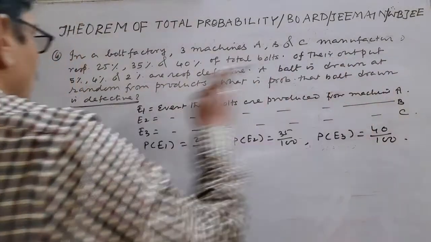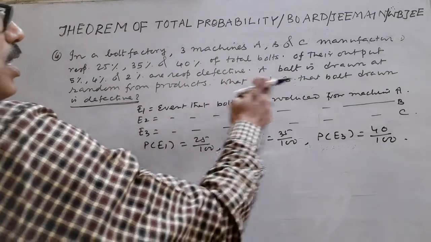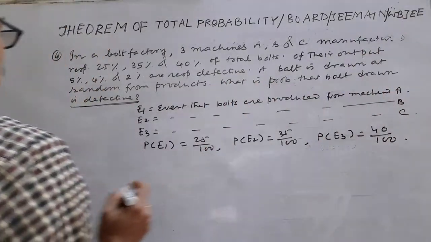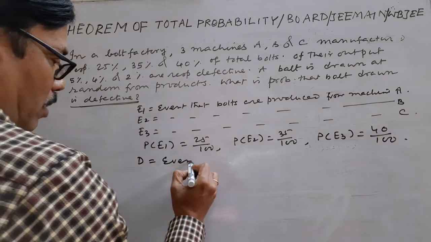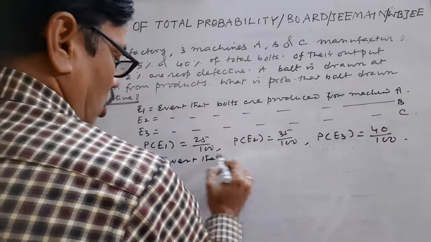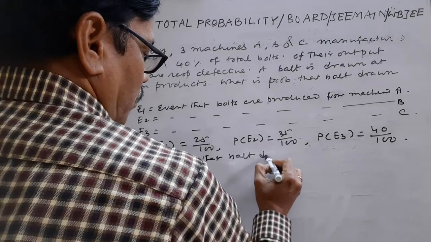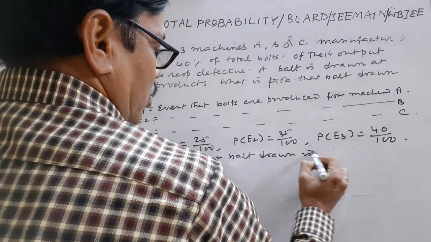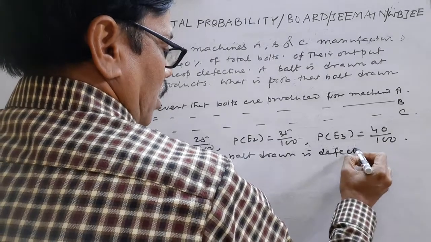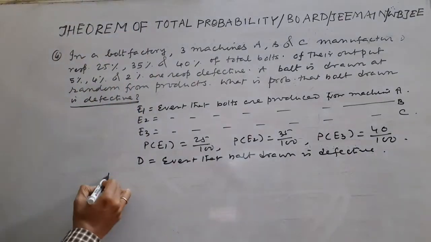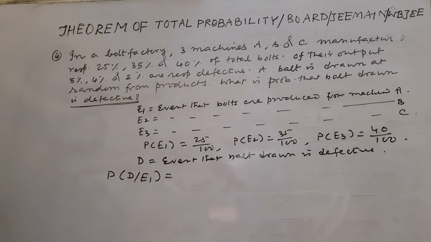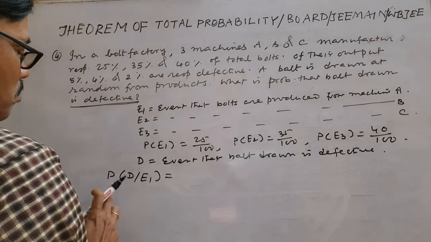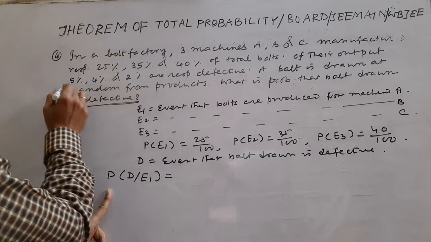A bolt is drawn at random from the products. What is the probability that the bolt drawn is defective? So D equals the event that the bolt drawn is defective. So P D by E1, defective bolts from machine A, is given directly.